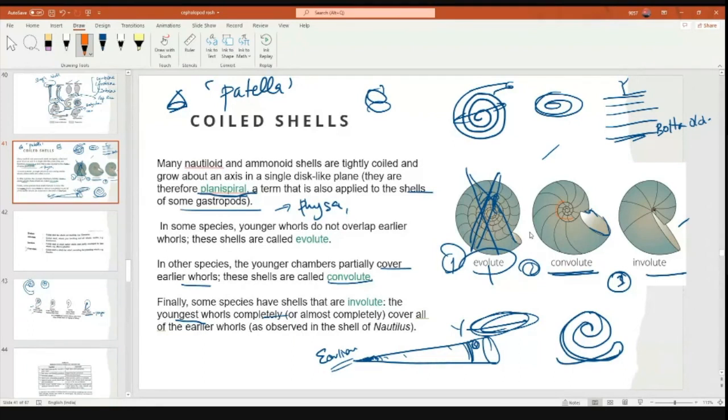See, this area is the initial coil and this is again the initial coil, but it is much less visible because it is completely covered by the younger shell. This is the body chamber and this is the phragmocone. So these have completely covered the initial chamber, so it will be involute. So this is involute. Clear?